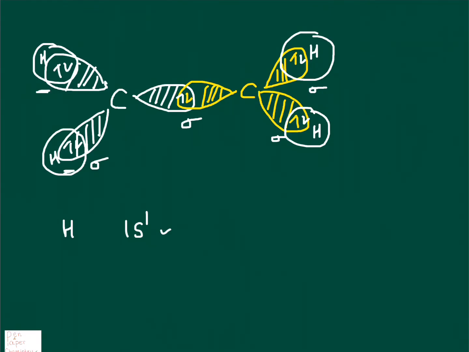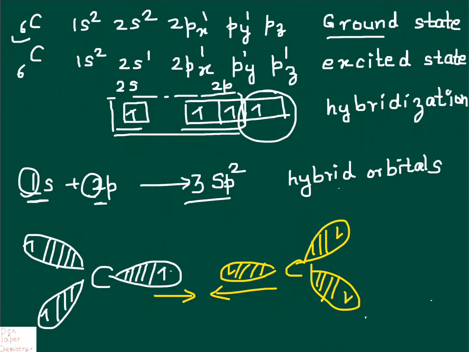Now, if you notice, carbon is still not satisfied because it has got 1 electron, but there is no more hydrogen available. Oh, you don't see that unpaired electron? There it is, you see, we left 1 p orbital unhybridized.